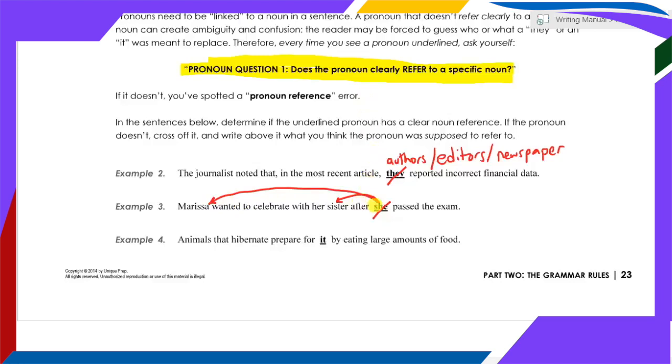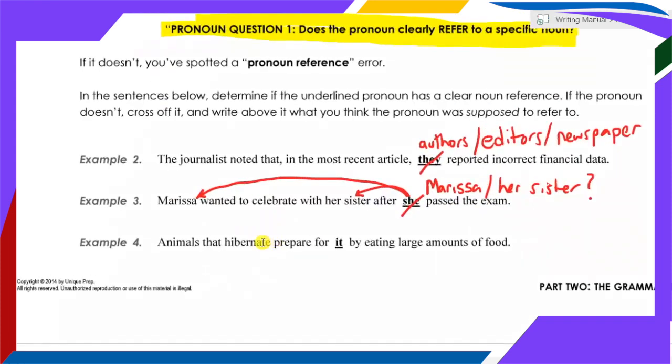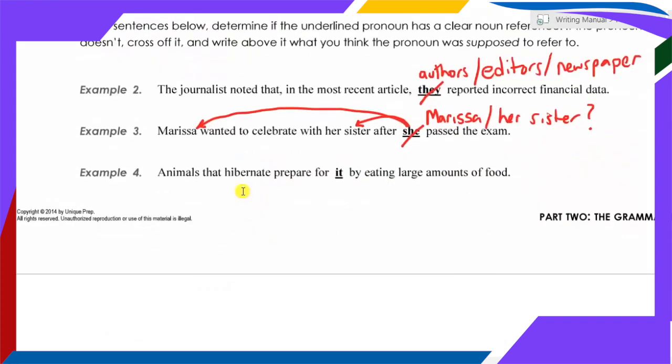So this she is not clearly referenced to a single noun in the sentence. The change that I'm going to write here is Marissa slash her sister question mark. We don't know if that she refers to Marissa or her sister. Somebody passed the exam. Marissa wants to celebrate, but that's pretty much all we know.